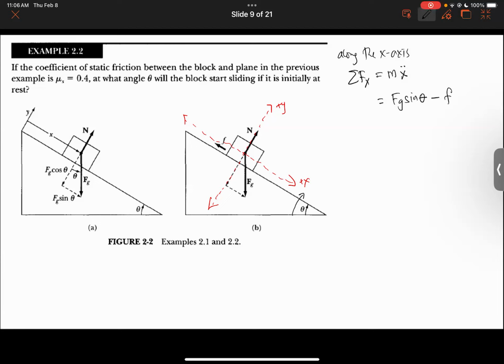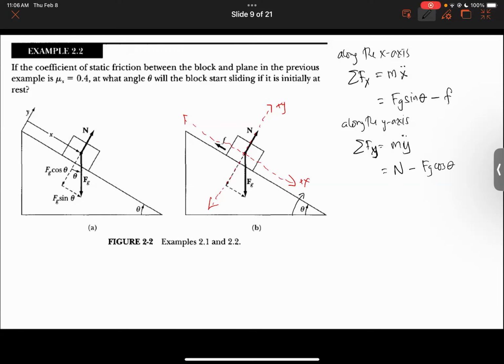Okay, and along the y-axis, we have sum ng forces along the y-axis, my double dot, at yan ay equal sa normal force minus Fg cosine theta.